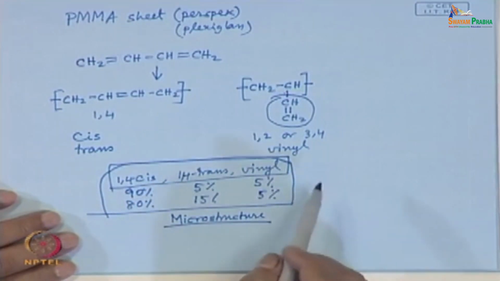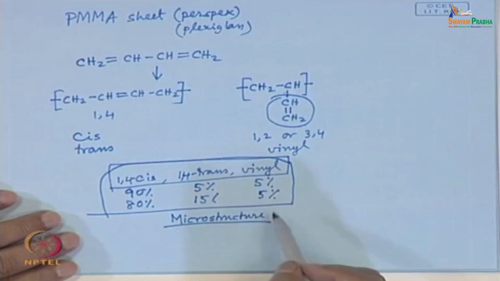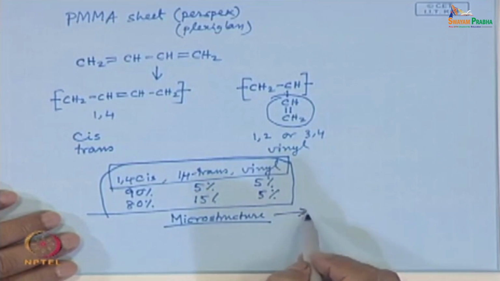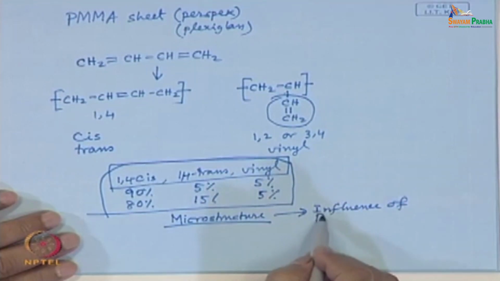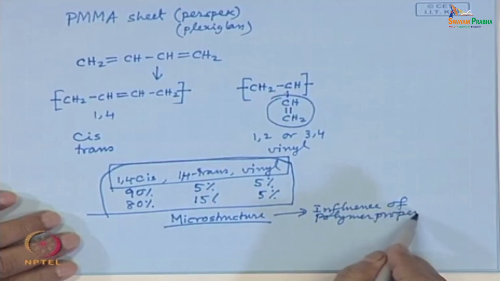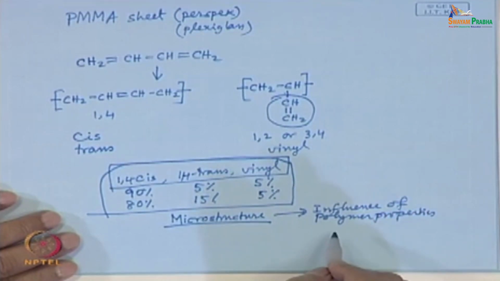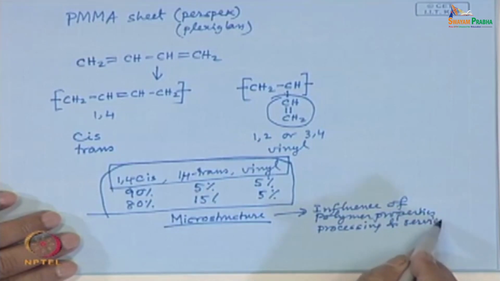That means, it can vary the polymer microstructure, and this polymer microstructure has influence on polymer properties during processing and service, properties and processing properties.